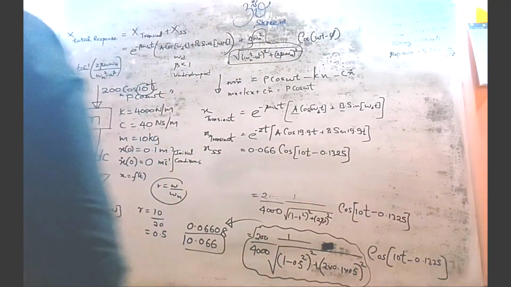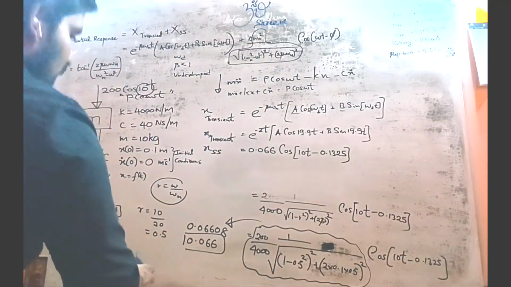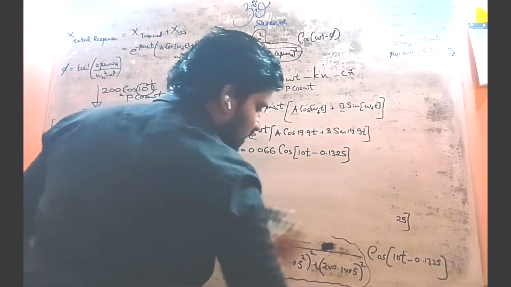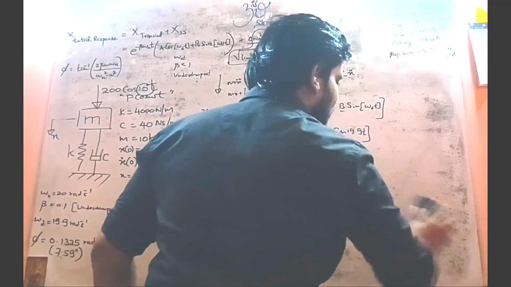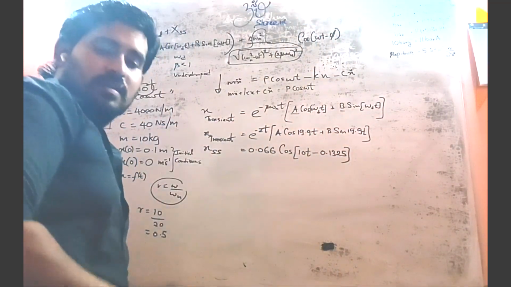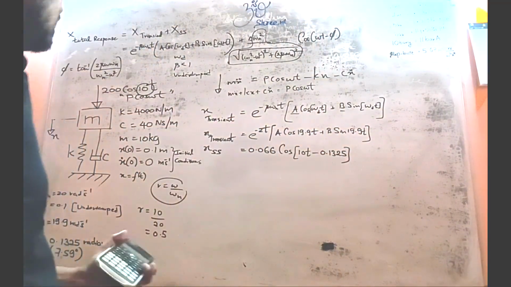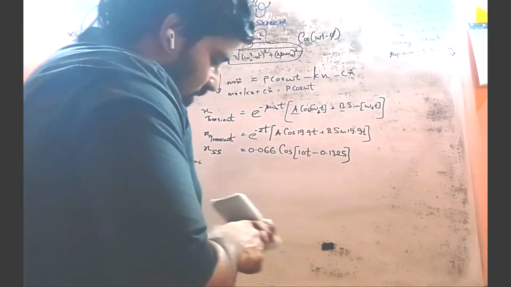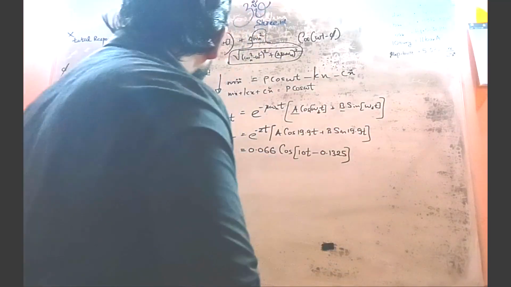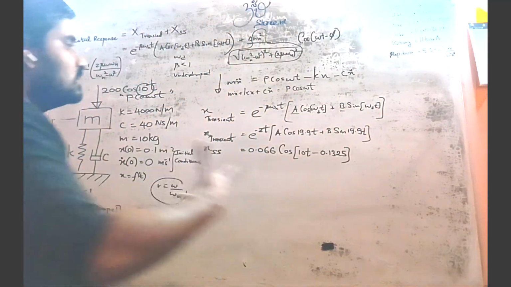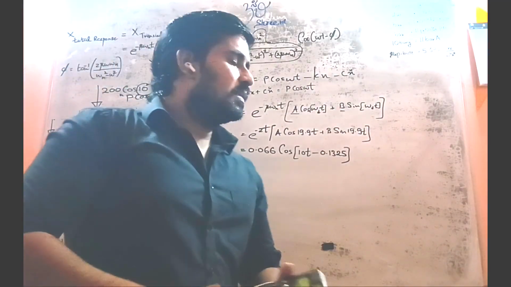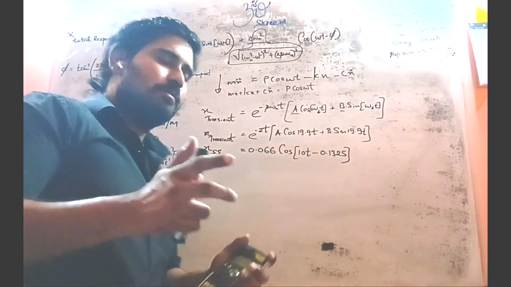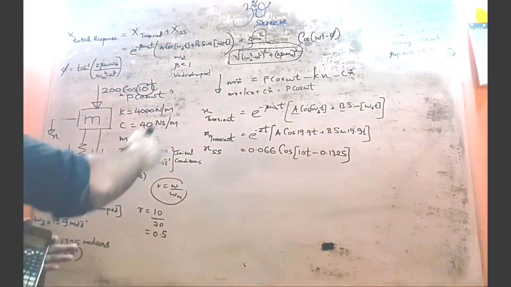But keep in mind, this is a very common mistake that most students make. When students are given the initial conditions, what most of them do in the examination is first obtain the transient solution, and then apply the initial conditions to the transient solution.